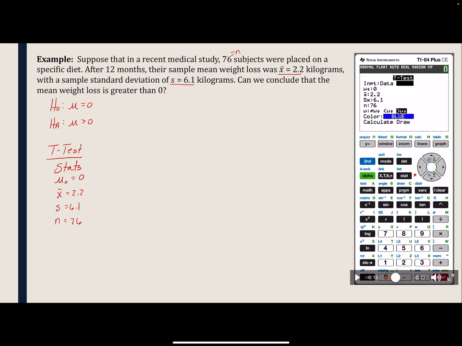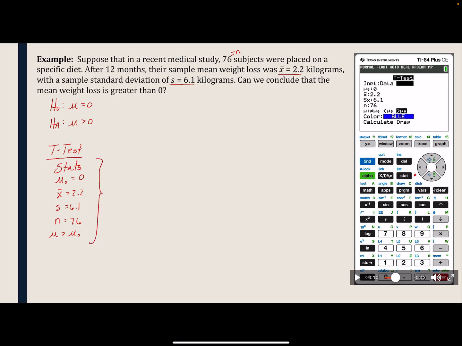And then it's asking for the symbol that we're using. So we're saying, is the true mean greater than what was given in the null hypothesis? So just remember that the symbol there should match your alternative hypothesis.